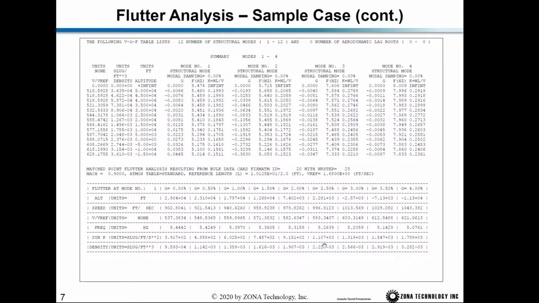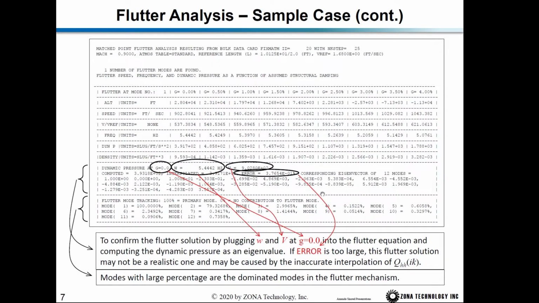The damping line will not cross at 2.5%. So that means the damping line only crosses at 2%. That means this flutter mode is a hump mode, because the largest unstable damping is only bigger than 2% damping, but less than 2.5% damping.